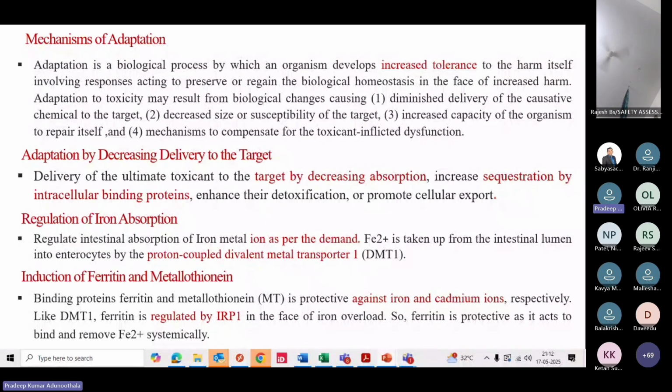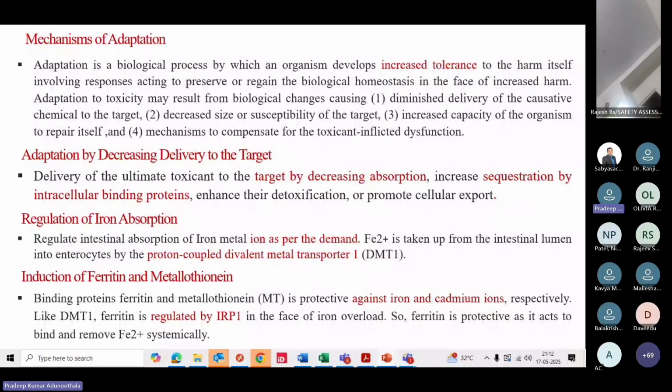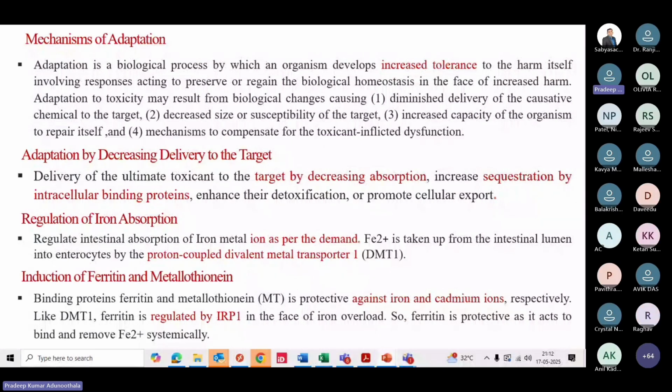So if there is any toxic and infected dysfunction, that will be compensated by this process. So adaptation by decreasing delivery to the target. Generally, delivery of the ultimate toxin to the target is decreased by decreasing absorption. So this mechanism helps in decreasing absorption of the chemical, so that the concentration of the chemical reaching the target will be less.